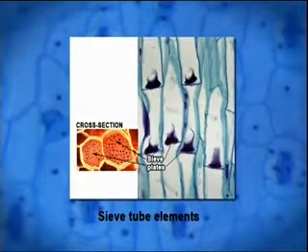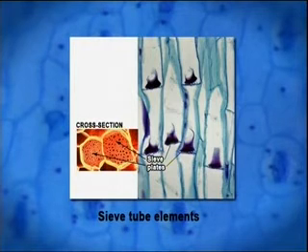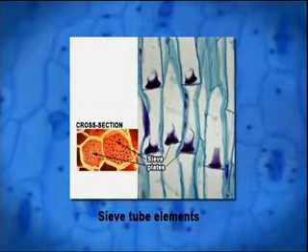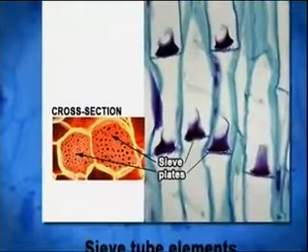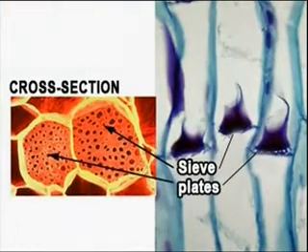Sieve cells are present only in gymnosperms and lower vascular plants. Sieve tube elements are the sieve elements in which some of the sieve areas are more highly specialized than others and are localized in the form of sieve plates. These are thin-walled living cells.